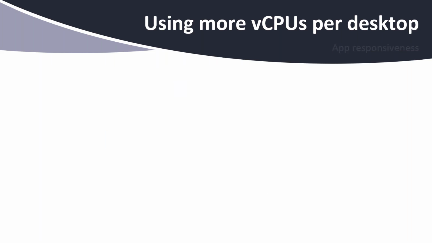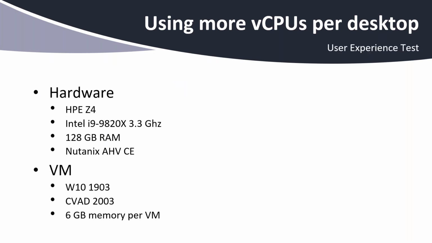But what does it really do for the user experience? So we did a test with Rex Analytics on my home lab, which is running on quite a quick CPU, 3.3 gigahertz. So keep that in mind, because that also influences the user experience.